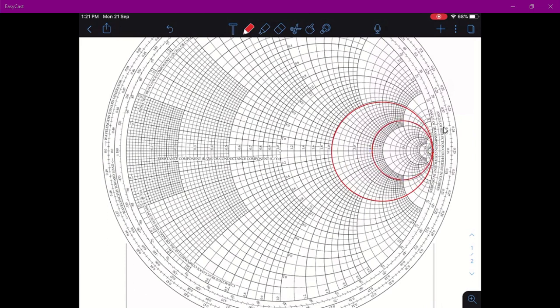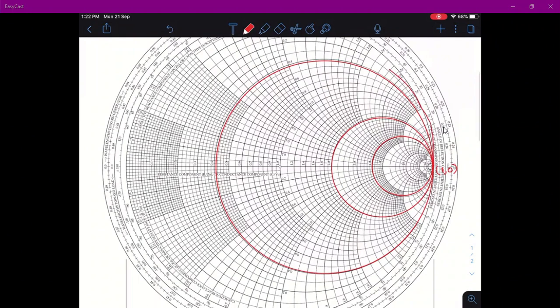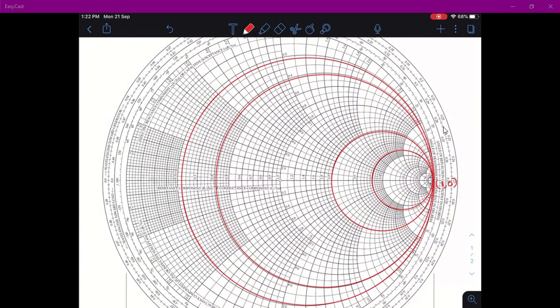Okay, and you can see a big resistance circle like this. Okay, and so basically you see that this point is 1 comma 0, and you can see a lot of resistance circles like this.